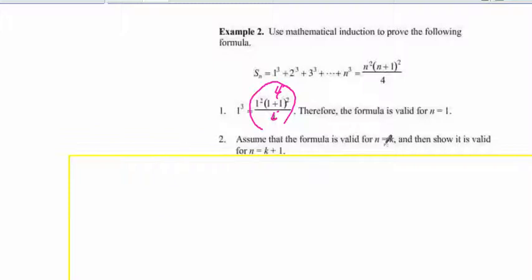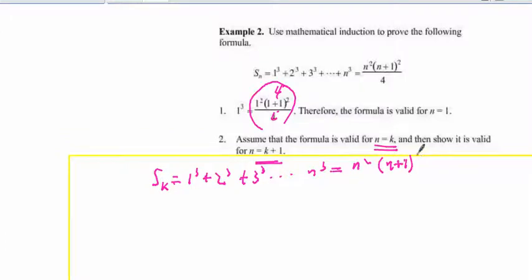So what we're going to do is substitute n equal to k, and then test it for n equal to k plus 1 and see if it also applies. So S of k is going to equal 1 cubed plus 2 cubed plus 3 cubed all the way to n cubed, which is going to be equal to n squared times (n plus 1) squared all over 4.